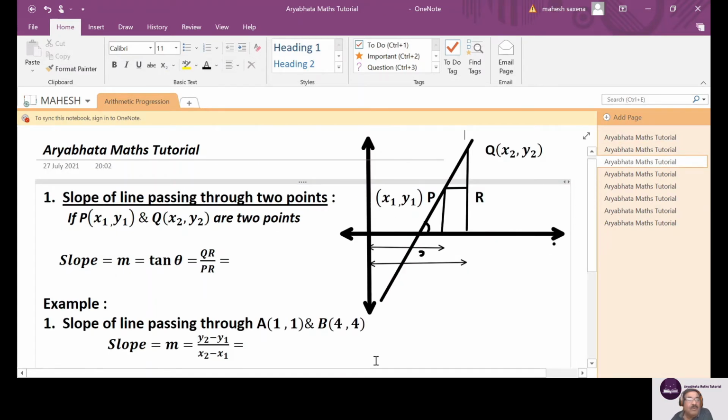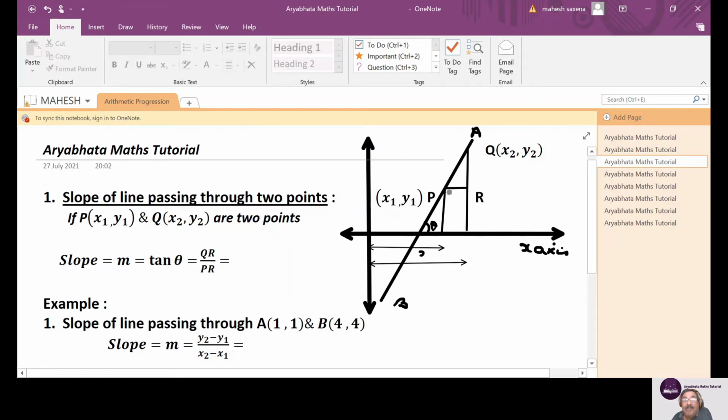Now we come to the slope of a line passing through 2 points. Let P and Q be 2 points whose coordinates are x1, y1 and x2, y2. And this line AB passes through the 2 points P, Q. Now let this line AB make the angle theta with the x-axis.